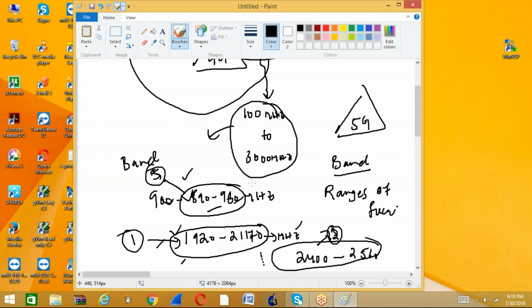Whenever I say 2, you should know that it is 2400 to 2560. So this is a number game, a shortcut name, a number given to a range of frequencies.